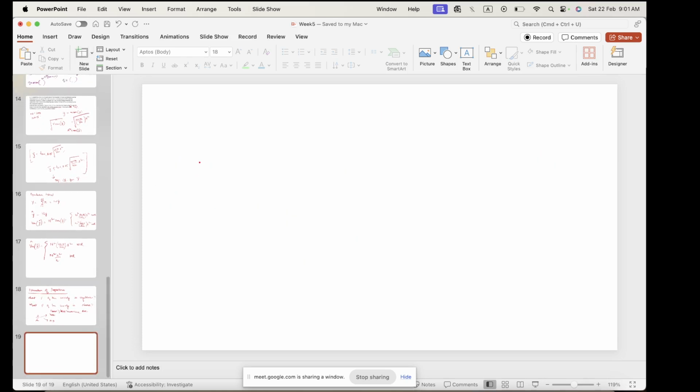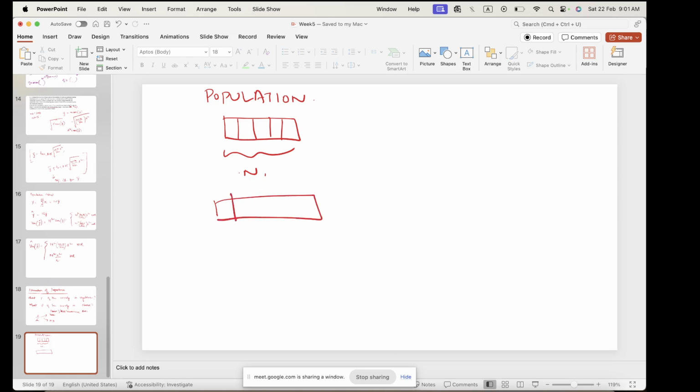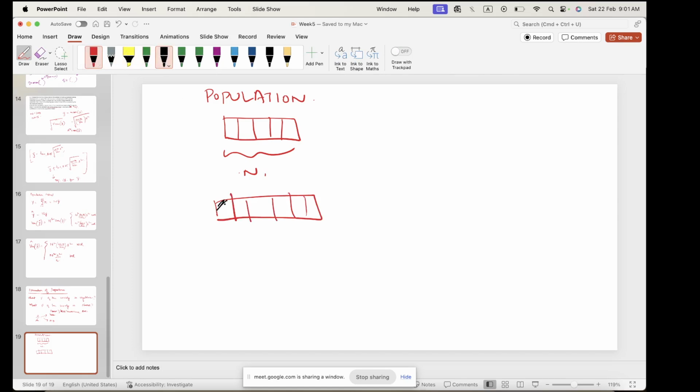So let's say I have a population, total number of units is actually N. Okay, so this is my population, out of which I have something like this, some white boxes, some black boxes.